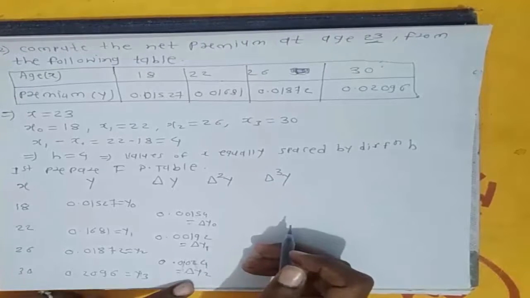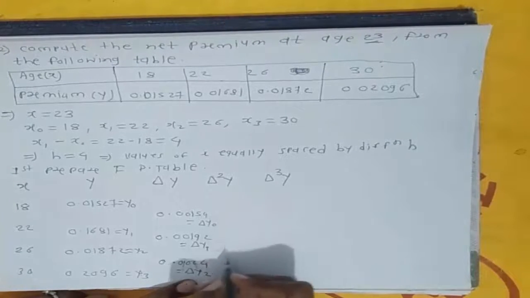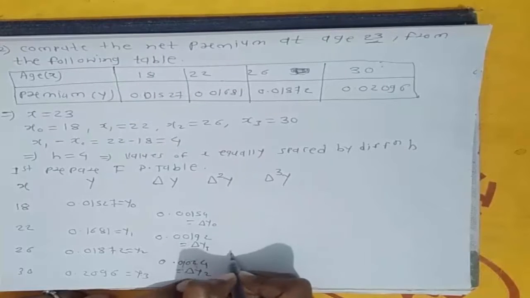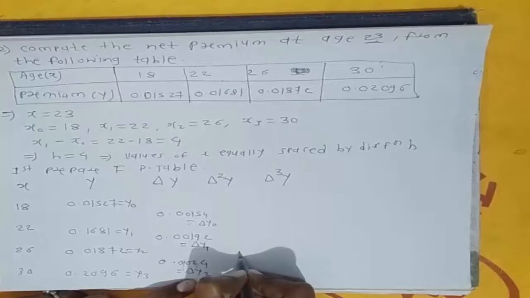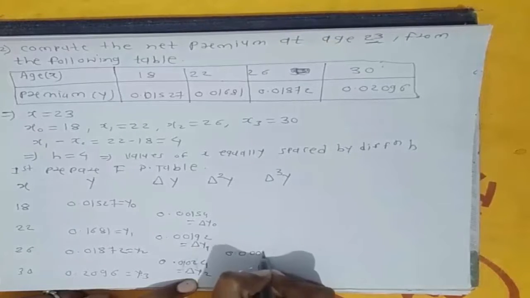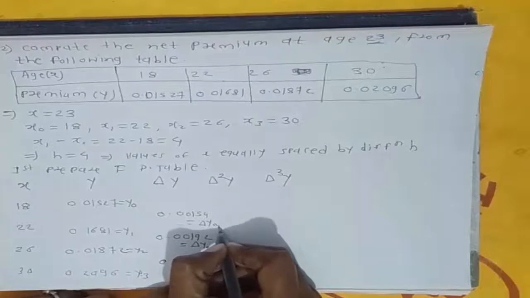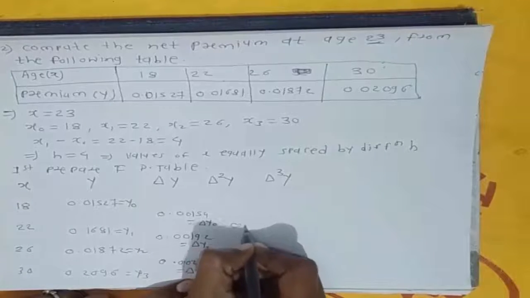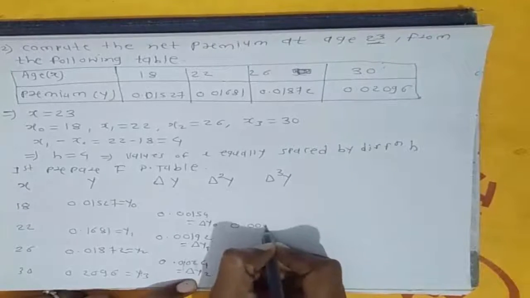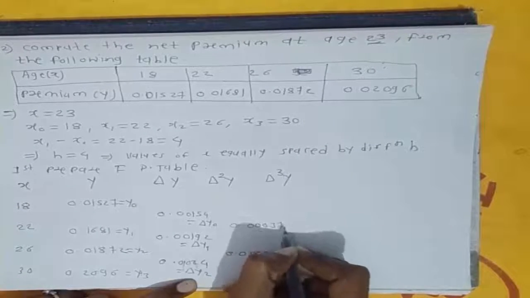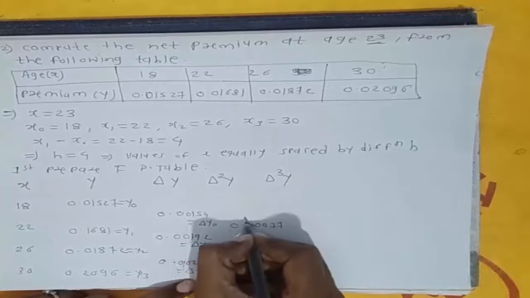Then again, if we take the differences of these forward differences, we get the second order forward differences. If we take delta y2 minus delta y1, we get 0.00033. Again, delta y1 minus delta y0 gives 0.00037.